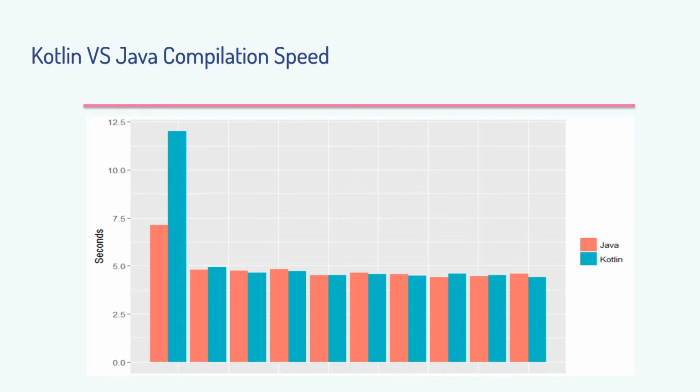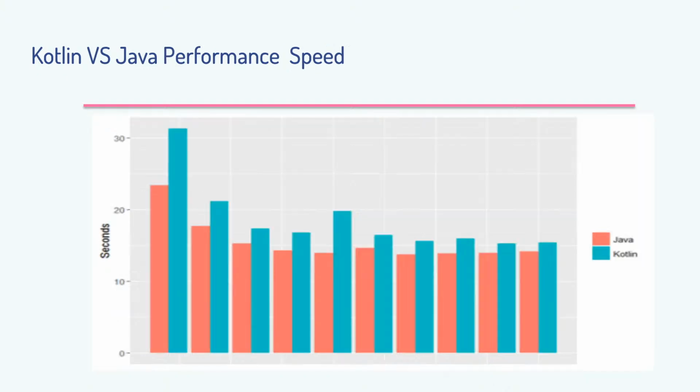Here we have the compilation speed between Java and Kotlin. After the first execution, it is mostly working almost the same.